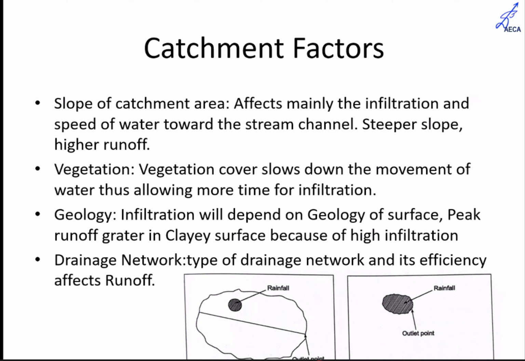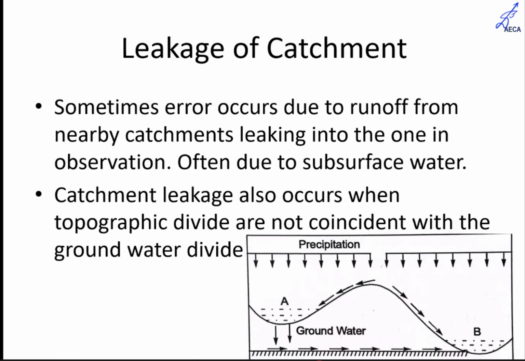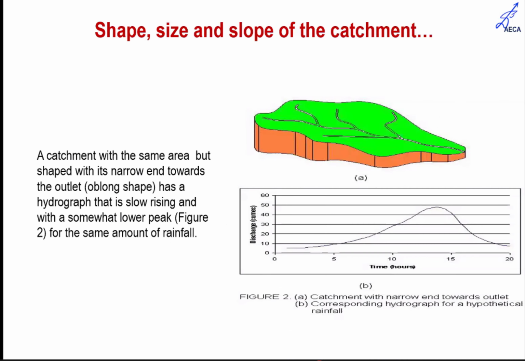Then the geology of the surface, whether it is an absorptive type of soil, or if it is clay, or if it is rocky, then the runoff will increase. There is also an error sometimes caused in estimation of discharge due to leakage of adjacent catchment, and you may have contributions from another catchment which actually is not being calculated by us when we are making our estimate of the discharge.